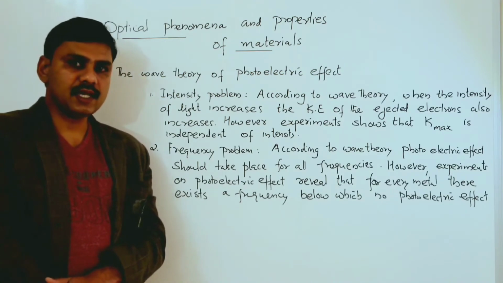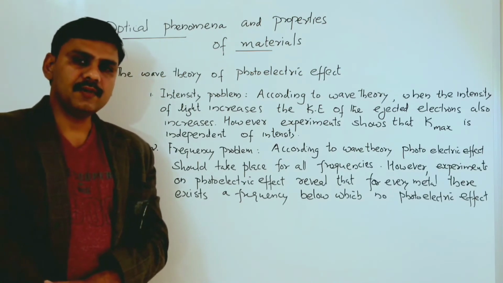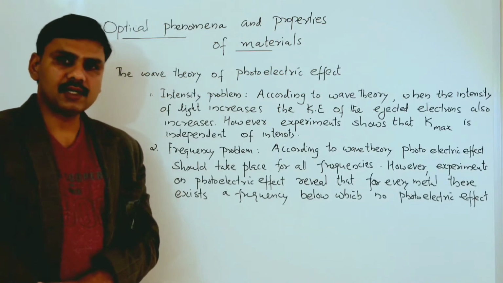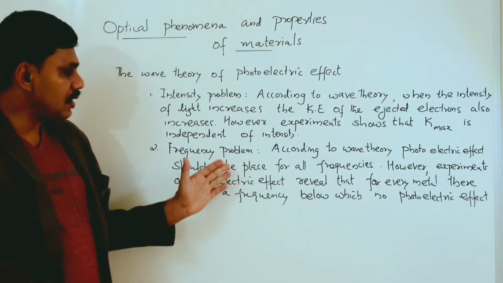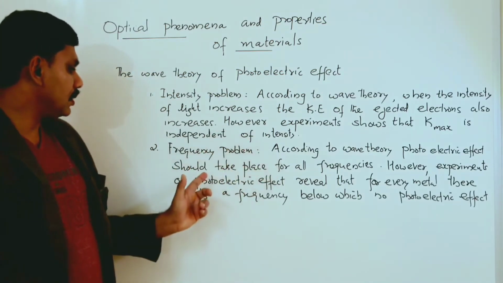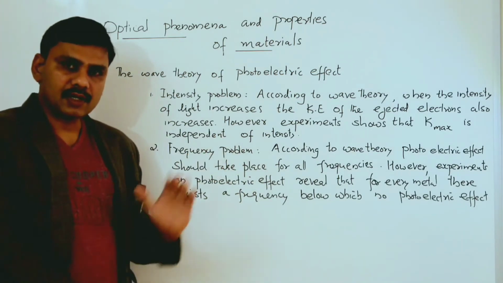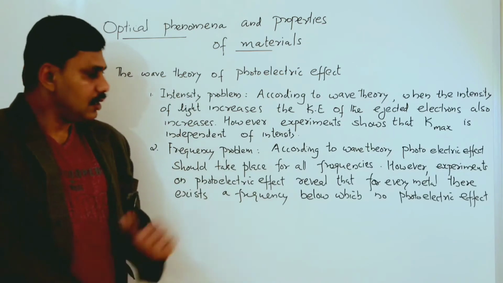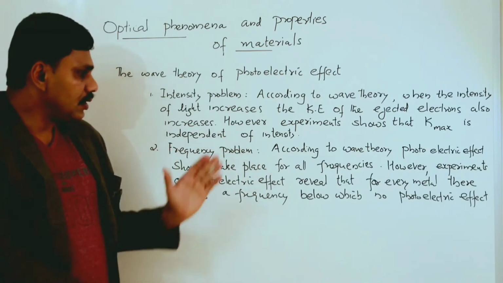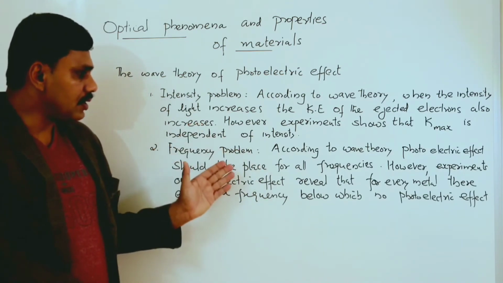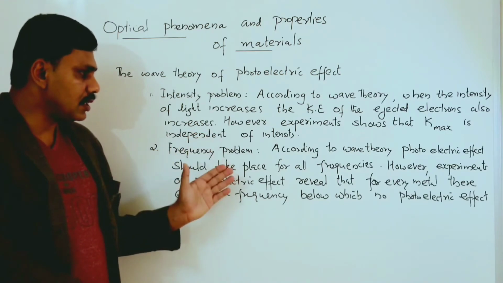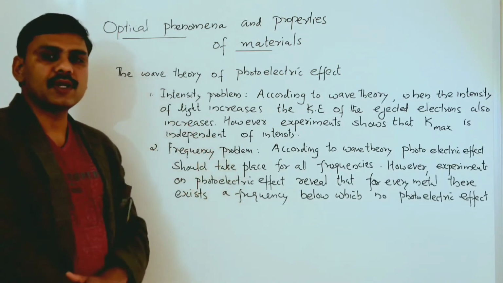But what is wave theory saying? Wave theory is saying that for all metals and all frequencies, the photoelectric effect takes place. But it is not correct. Experiments show that there is a particular frequency for every metal.